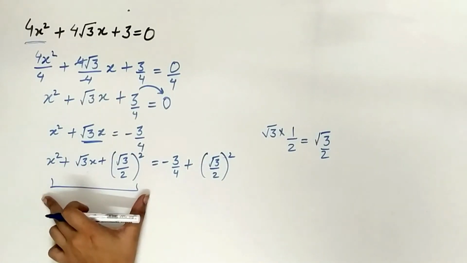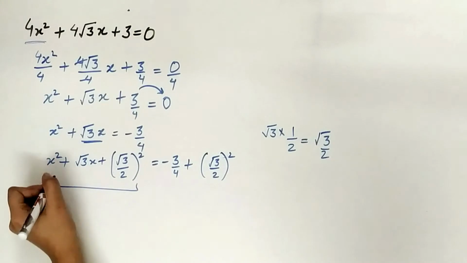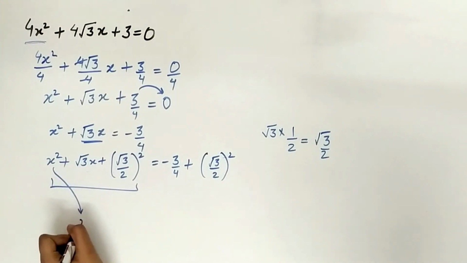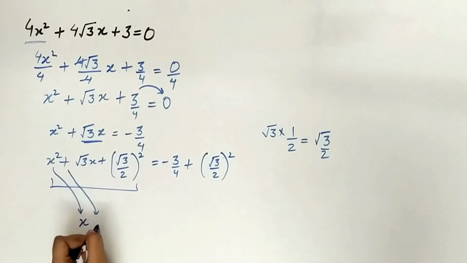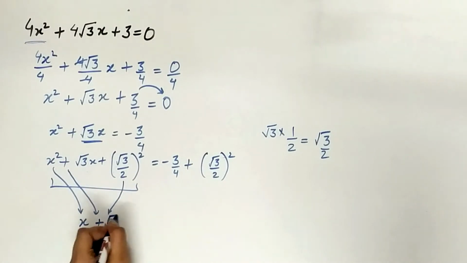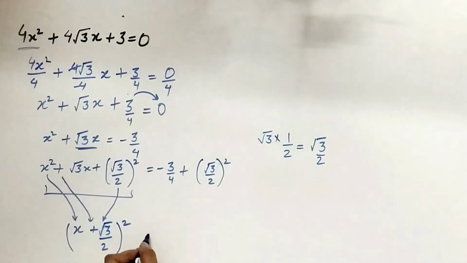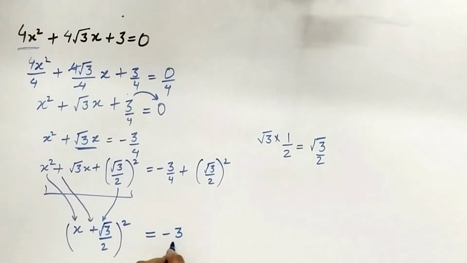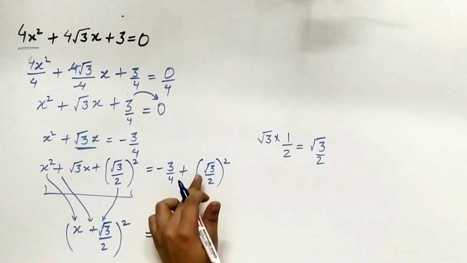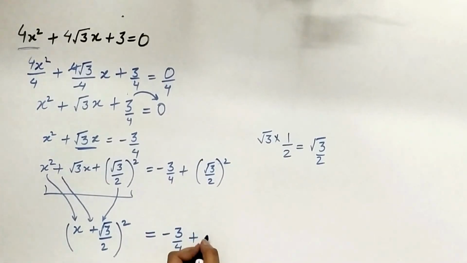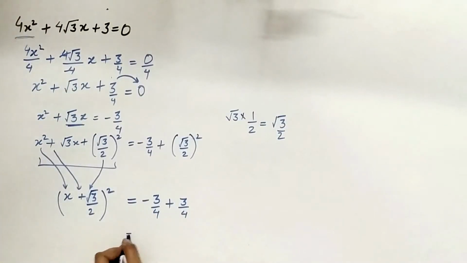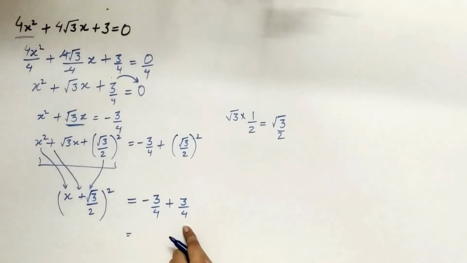Step 4 is to simplify. x plus root 3 by 2 whole square is equal to minus 3 by 4 plus root 3 square is 3 and 2 square is 4. Minus 3 by 4 plus 3 by 4 is equal to 0.